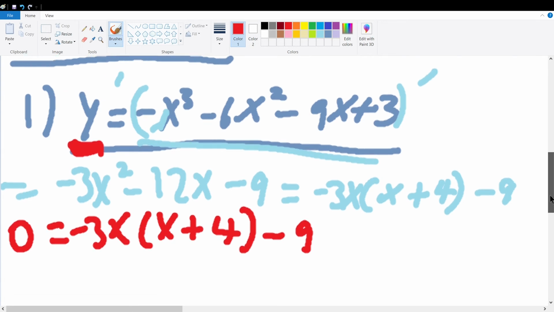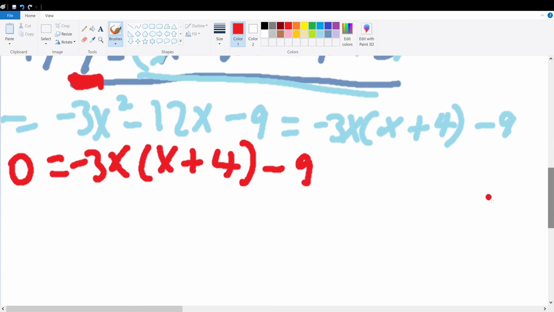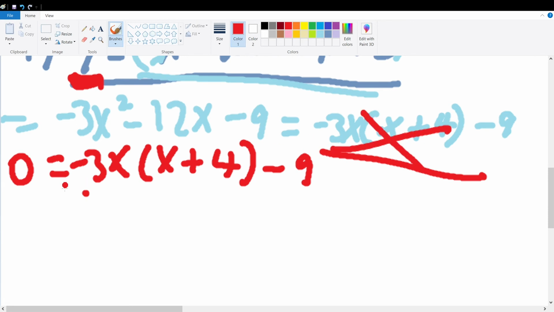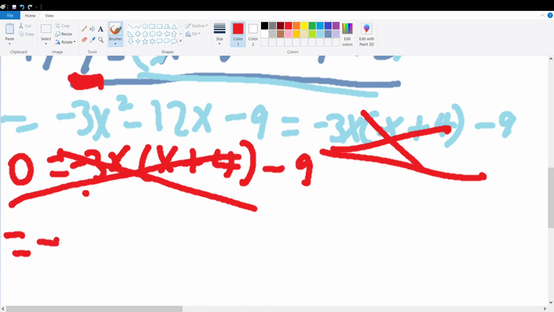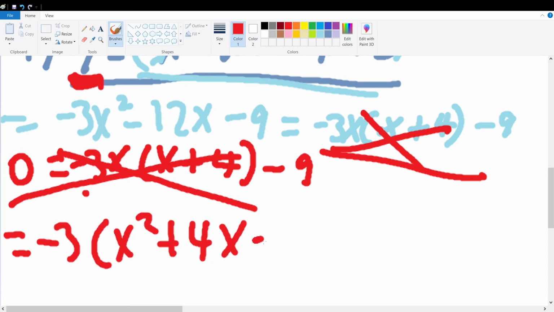That would mean x has to be, well, you can't really find out what x is yet, so we have to simplify this even more. We know that we can't really factor out x, so we can cross that out and try something else. We factor out negative 3 to get x squared plus 4x plus 3.